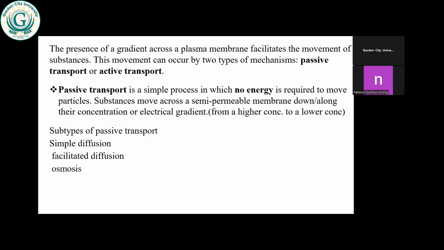It needs carrier proteins to enable it to pass through. Then also, if they carry a charge, as I said, ions cannot directly pass through the phospholipid layer. They also need proteins called channels.